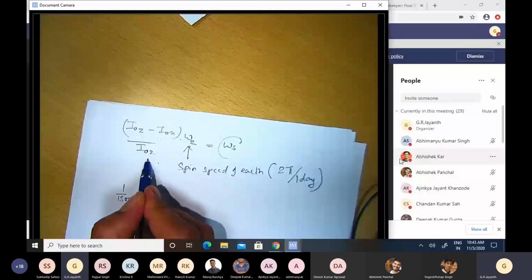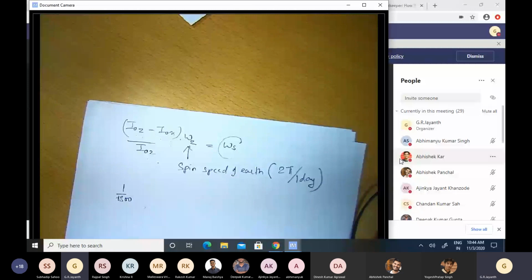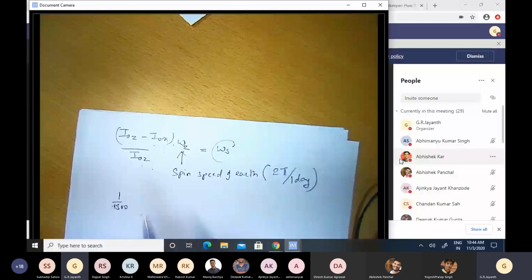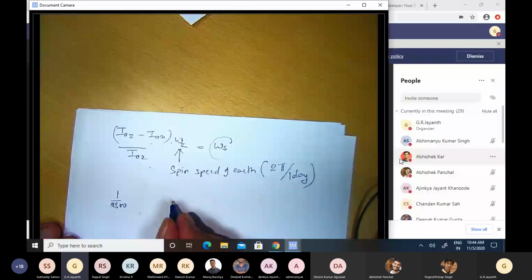Oh, I'm sorry. No. This is omega z by 300. This is correct. Yes. So what we have therefore is that this is the wobble speed, the wobble rate.